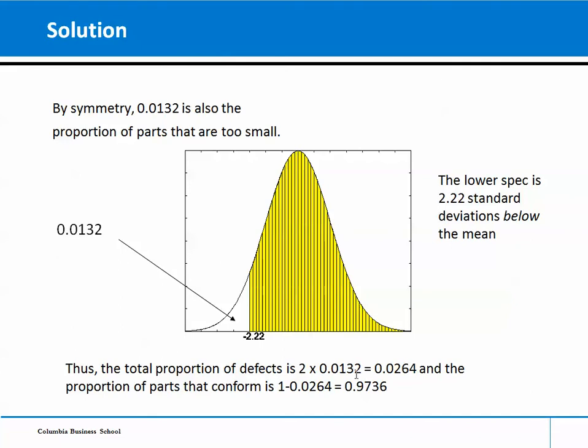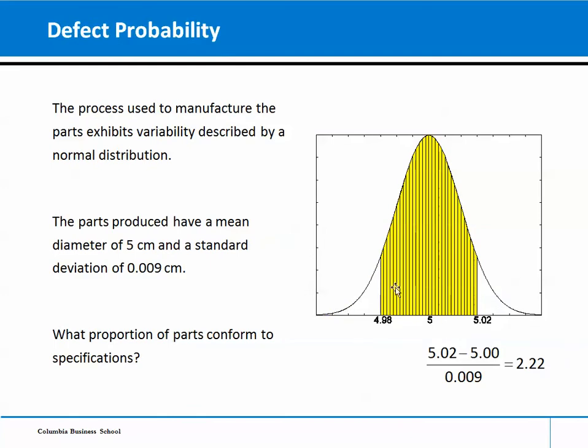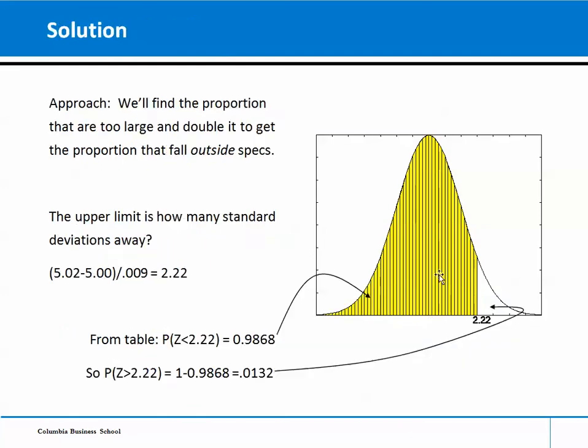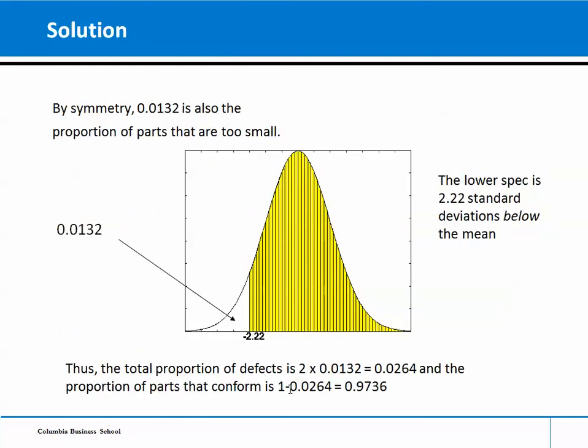That's 2 times 0.0132, which gives us 2.64%, which means that the proportion of parts that conform, that's the middle region here, is given by 1 minus the proportion of defects. That leaves us with 0.9736. So 97.36% of parts are good. 97.36% of a normal distribution lies within plus or minus 2.22 standard deviations of the mean.